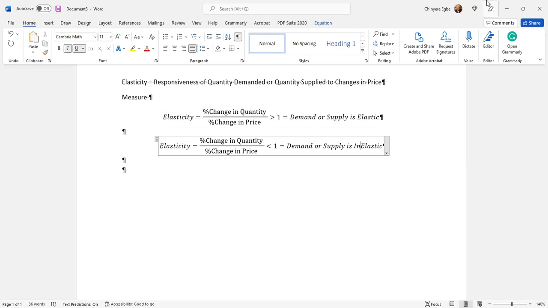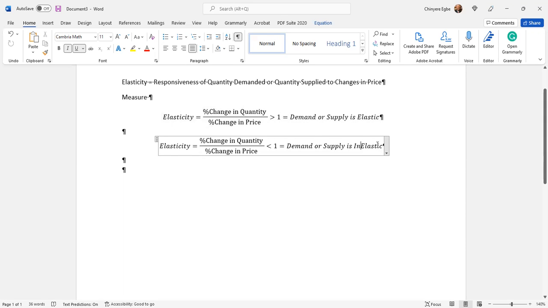Are you seeing my screen? Yeah. You are seeing what I am solving. Yeah, I see that. I didn't know how to put it in the formula. Very good. That's what we're going to do. But you can see percentage change in quantity divided by percentage change in price is a measure of elasticity.